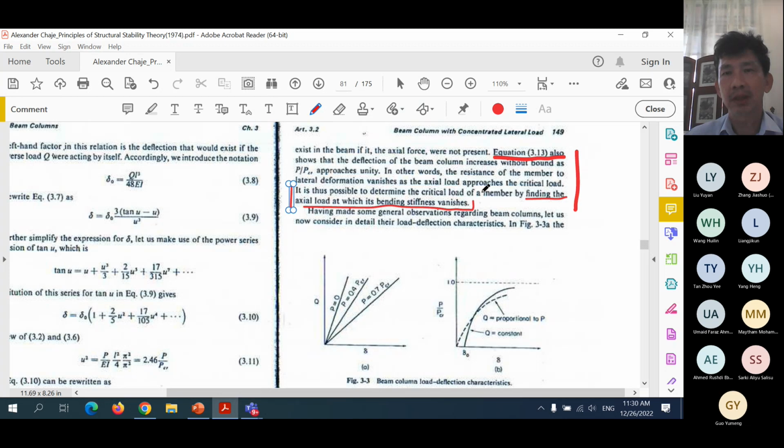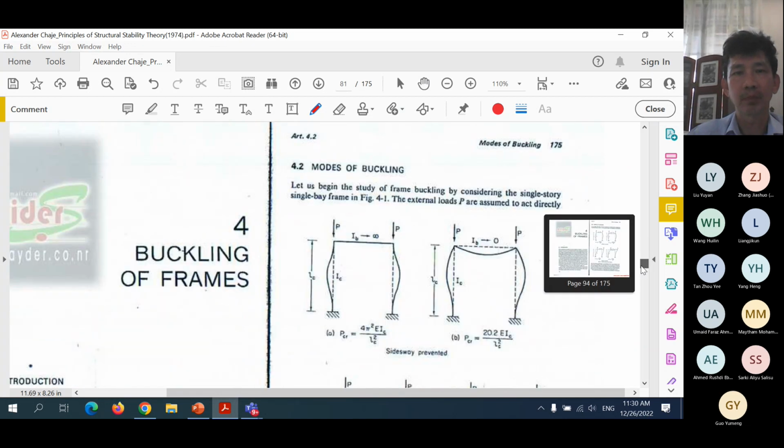So when we look at the use of Rayleigh's method to determine critical load, we make use of this criteria. That is, the critical load of a member is the load that is going to make the bending stiffness of that member become 0. So this is one of the important outcomes we can get by looking at equation 3.13.